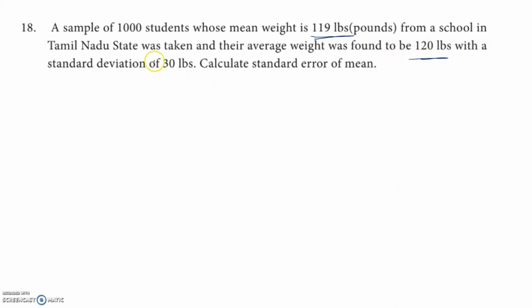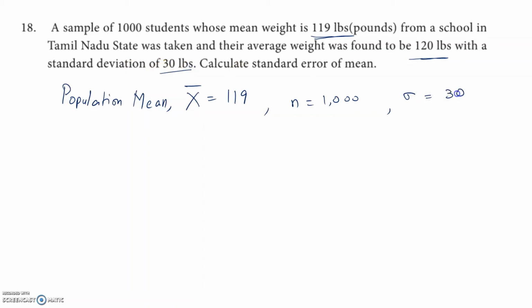So let's put the population mean equal to 119. Our sample size is 1000, and the standard deviation is 30 pounds. So standard deviation is given as 30.